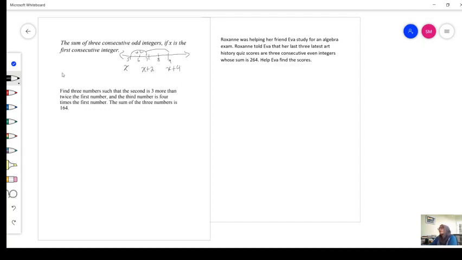They said the sum of their first consecutive integers, so I'm going to put them together: x, plus x plus 2, plus x plus 4.